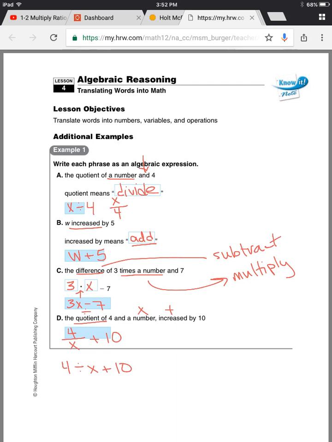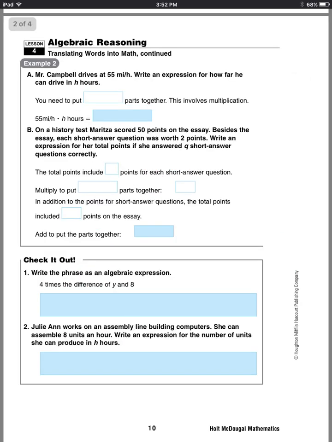Really, these just take a lot of practice. There's no clear-cut way to do it. You just have to know what your math words are and what they mean, and then you have to know how to put them together. And most of the time, that takes practice, which is okay. So, here we go, doing math, words into math.